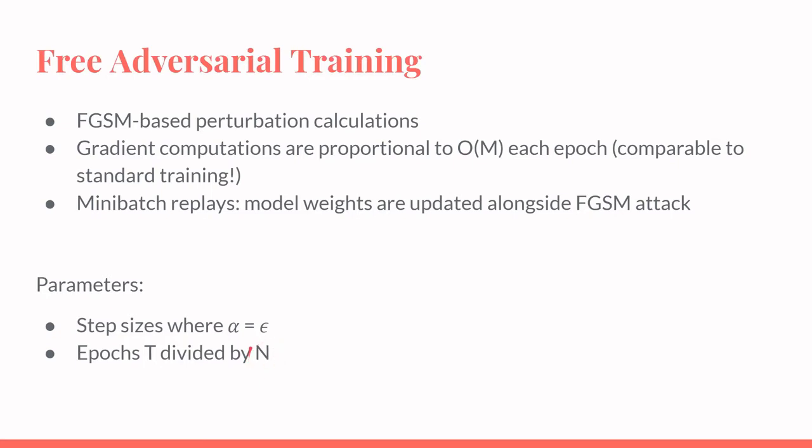In free adversarial training, steps are still taken, but to prove that it's actually O(M) complexity, we can divide the number of epochs T by the number of steps n, and then only compute a number of epochs where T is divided by n, and that removes the complexity of n and leaves us with an O(M) complexity. You'll see what I mean soon when we get to actually looking at the algorithms themselves.